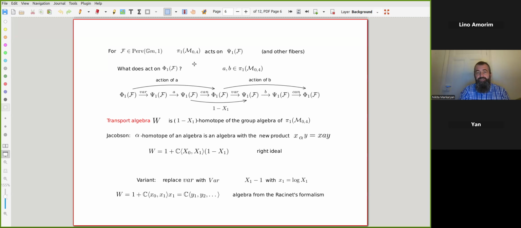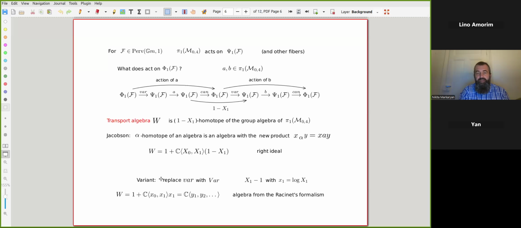If you have an algebra and an element alpha, you can produce a new product x·y equals x alpha y. So here the product of A and B is A(1 minus x1)B. In fact, since it's free, this algebra is isomorphic to a left ideal, or right ideal, of our algebra, and we add 1 because we want an algebra with 1. So our algebra is this.